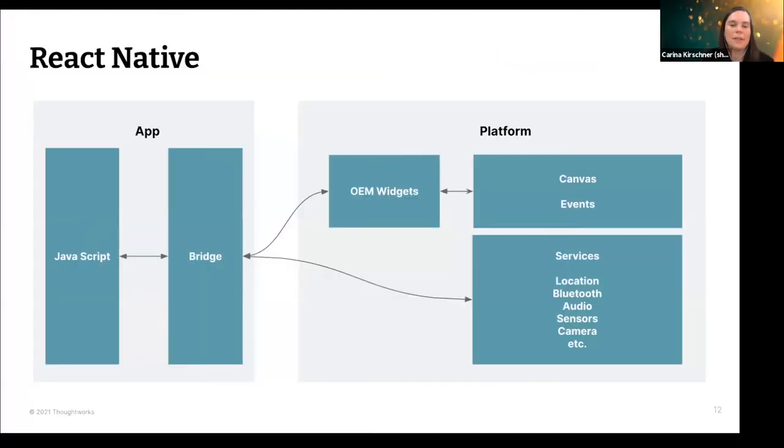So if we now have a look at the technical approach behind React Native, one concept which got introduced by Facebook through its web framework React is the virtual DOM, which also made the development of React Native possible.